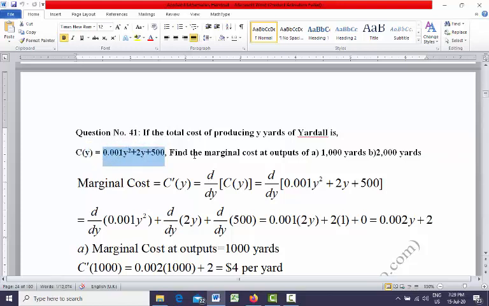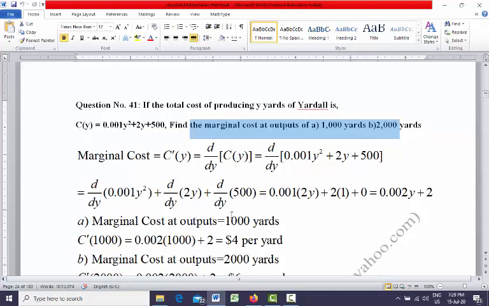Now the question is asking, you need to find the marginal cost at output of 1000 yards. Then we need to find also the marginal cost at output 2000 yards. Before we go for this one, we need to first understand what is marginal cost.